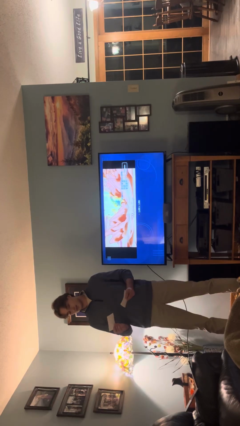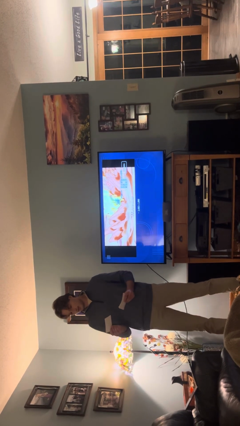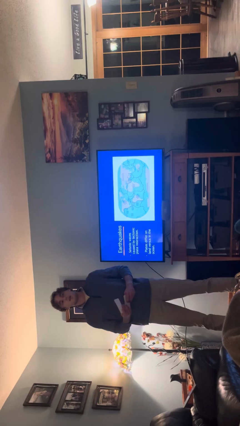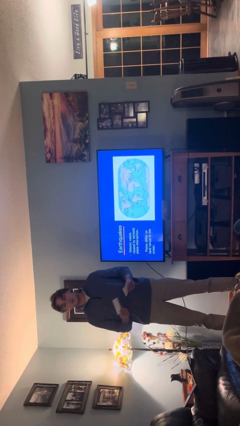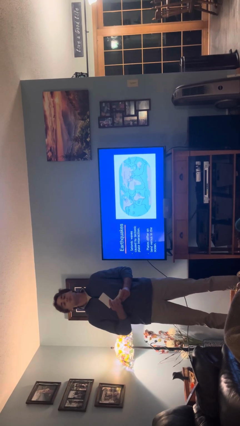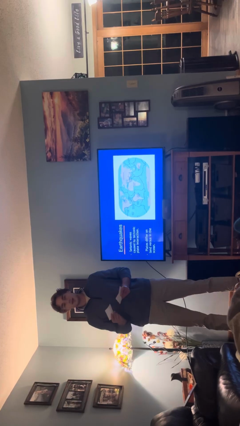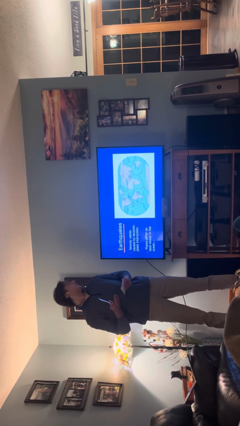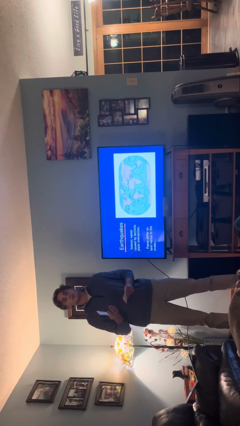Earthquakes are sudden vibrations in the Earth's crust caused by tectonic plate movement. Tectonic plates are slabs of the Earth's crust, and where they meet is known as boundaries. There are two types of tectonic plate crust, oceanic and continental.